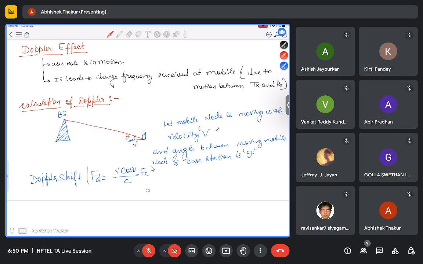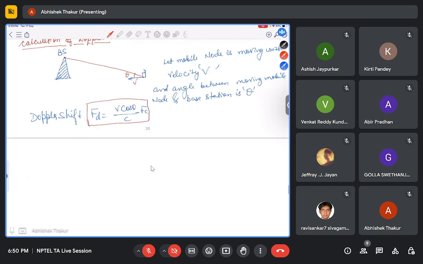So this is a very important formula. v is the velocity of the mobile node and theta is the angle between the transmitter and the mobile user node. And this concept is also used in radar to track the velocity of an obstacle. And fc is the carrier frequency.